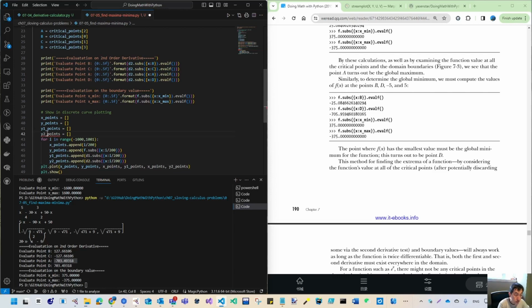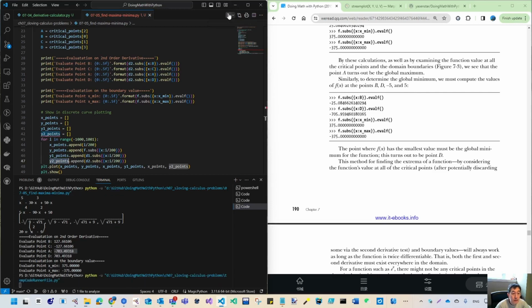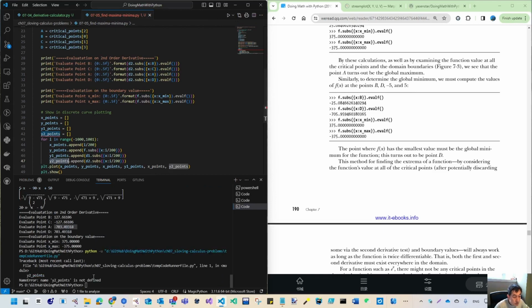Now I use y1, and this I use y2, y2 points. So it's this one. Let's see what we can get. y2 points is not defined. What does that mean, not defined?